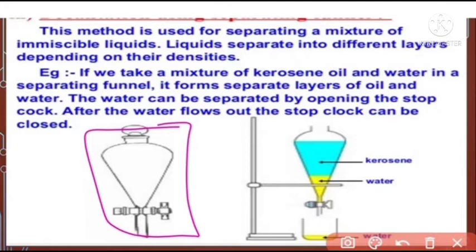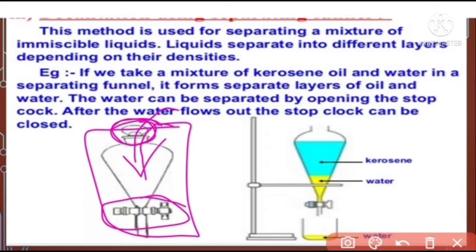In this funnel we take the mixture of two immiscible liquids. The bottom contains the stopcock. The insoluble mixture is taken in this way, then close this knob. Then vigorous shaking is applied.